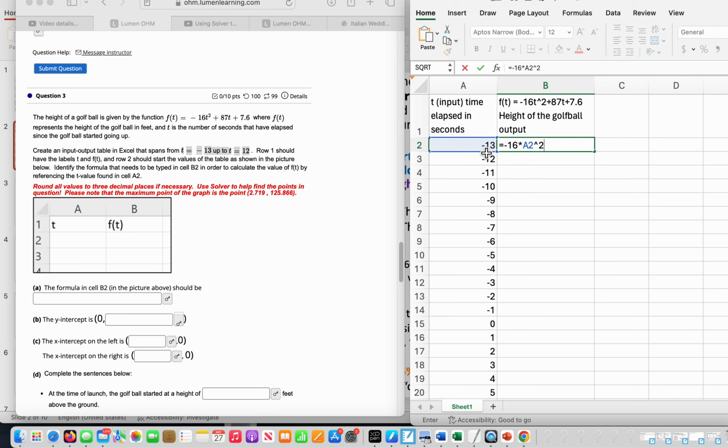We don't want to put extra parentheses. Sometimes that can give us inaccurate results if we put too many parentheses and it changes order of operations. All right, plus 87 times t plus 7.6. And then we're going to hit enter.